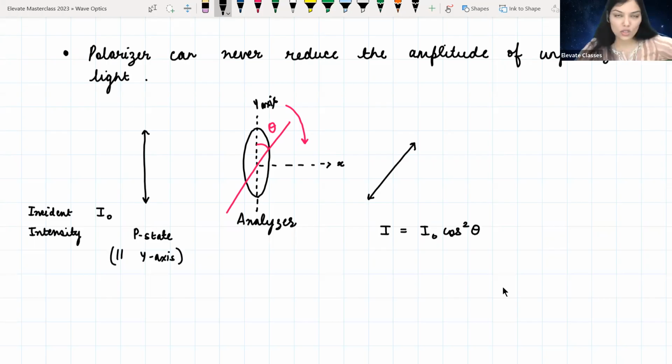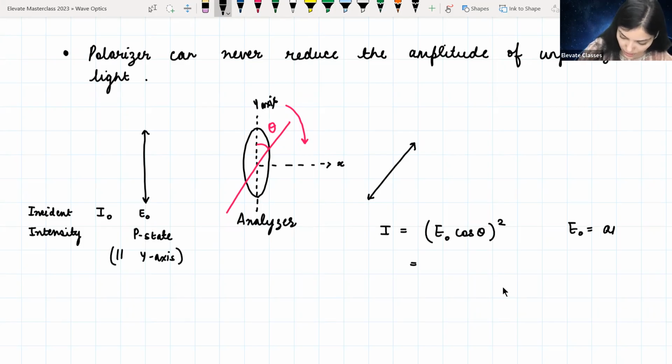Why cos square theta? Because I will take the component of the electric field, then I will square it to find the intensity. So we can write it this way so that it's easier. If I say this was some E naught, E naught was the amplitude of the electric field. So I will get E naught cos theta, and the square of this. Okay, so what is E naught?